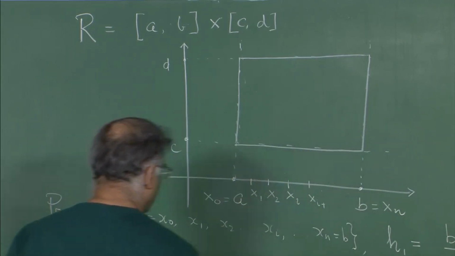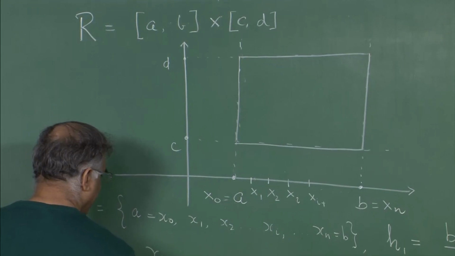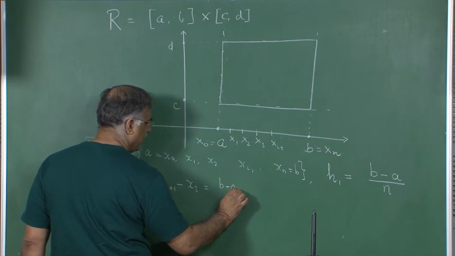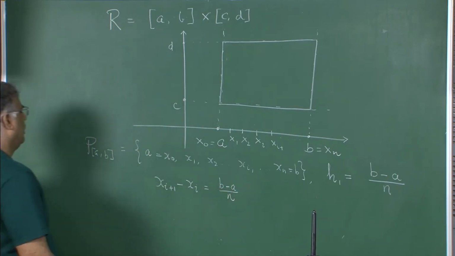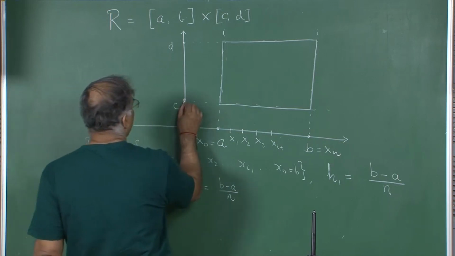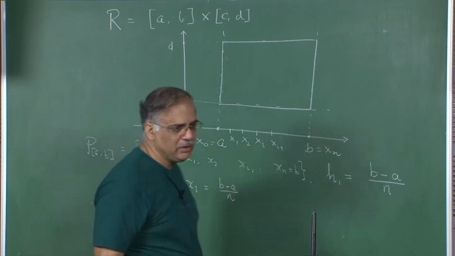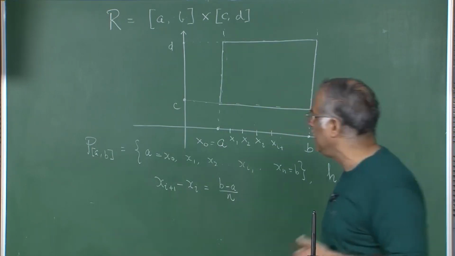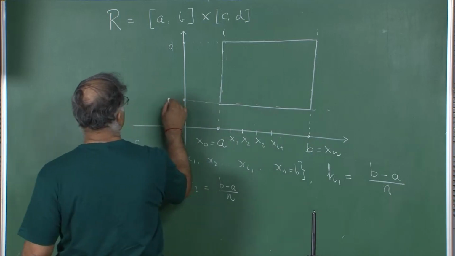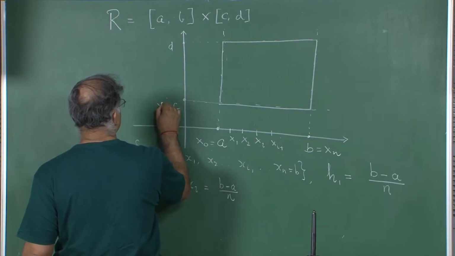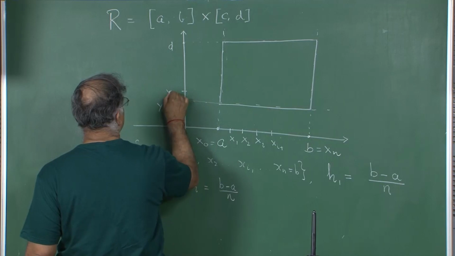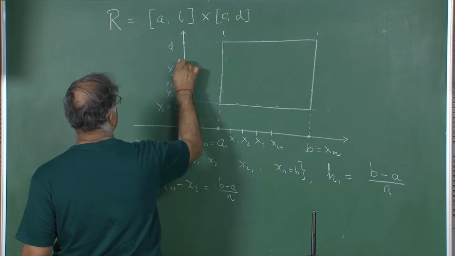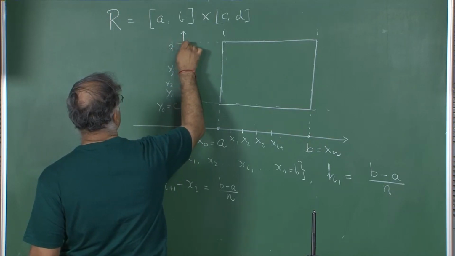Basically, for any interval, xi plus 1 minus xi is equal to (b minus a) by n. A similar partitioning you can do of y, starting with y0 at C and ending with yn at D. So these start with y0 and then y1, y2, up to yj, yn.